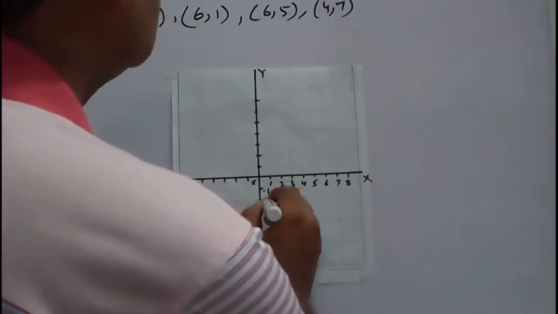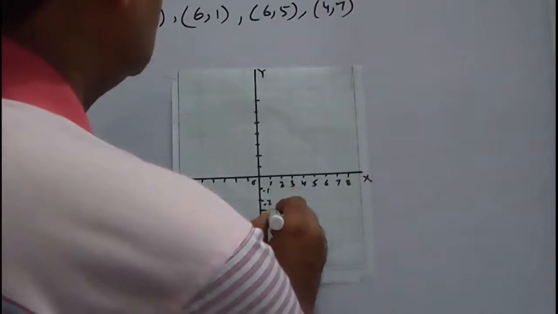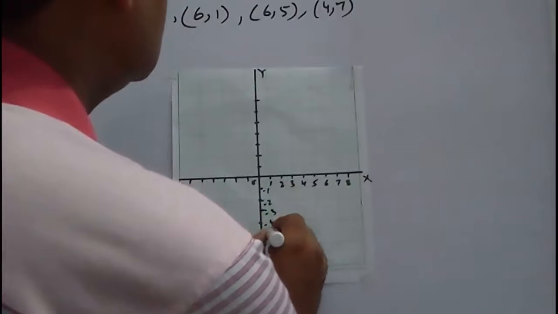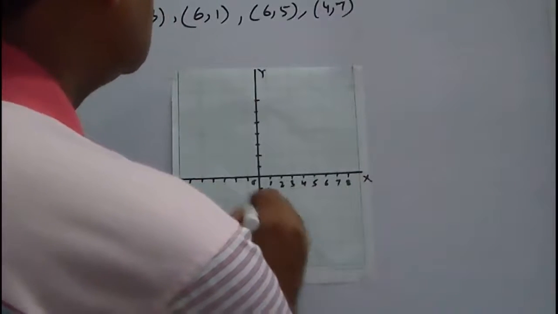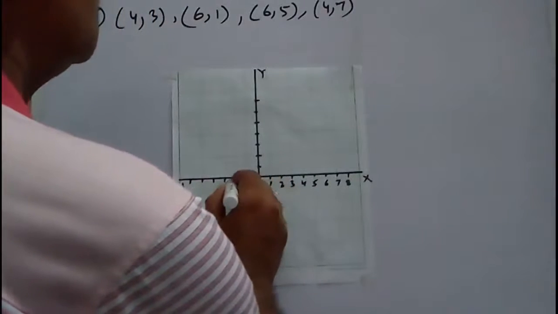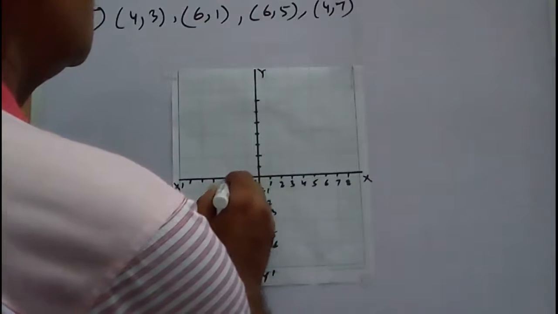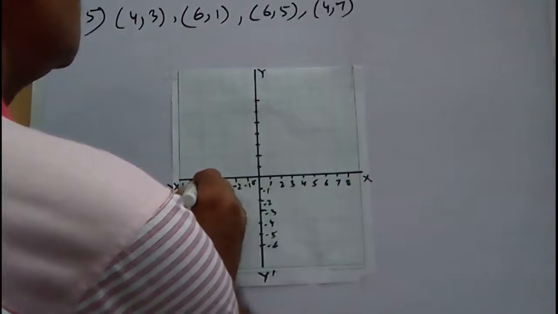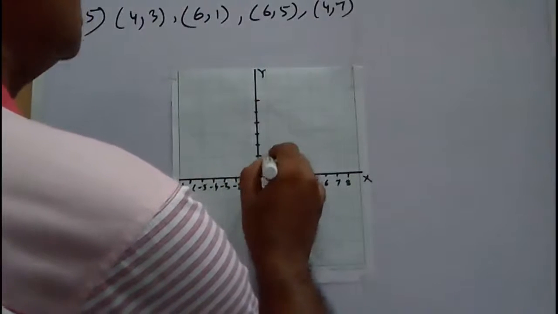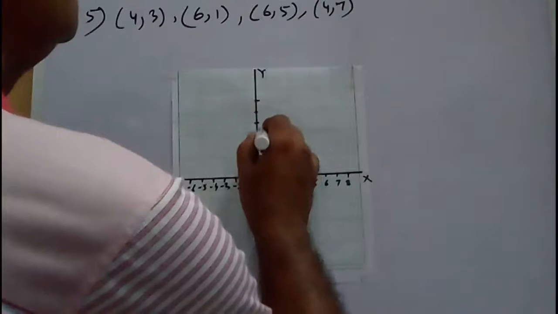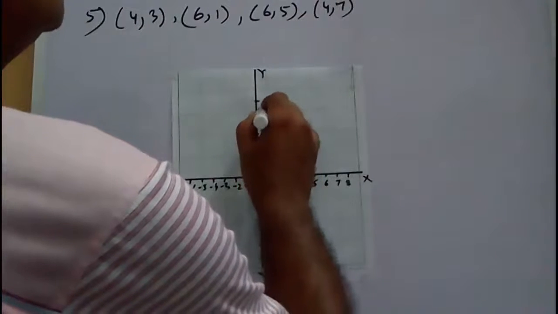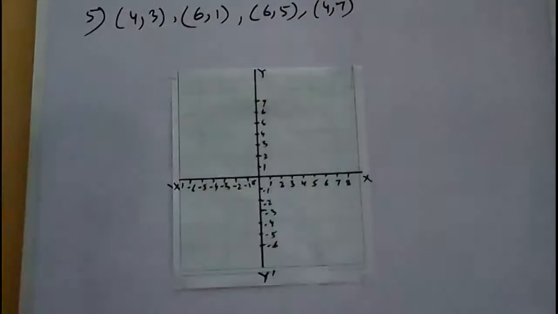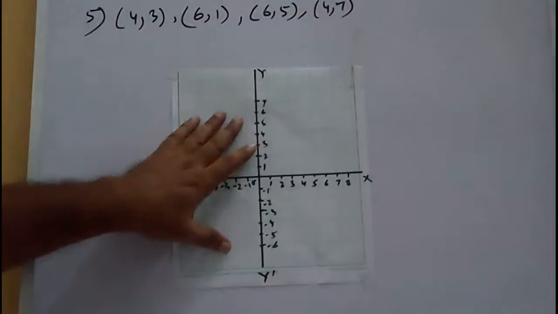Now minus 1, minus 2, minus 3, minus 4, 5, 6, and so on. In this way, draw the points.